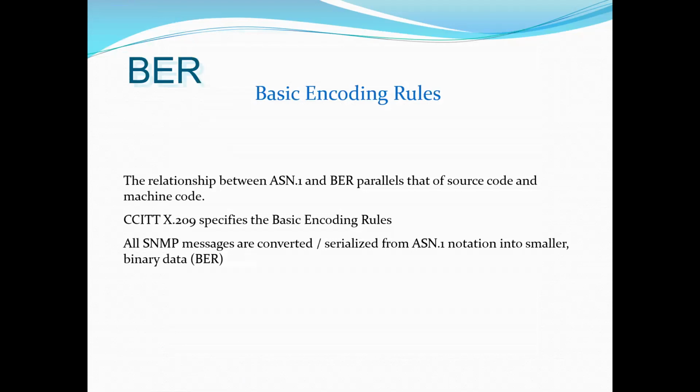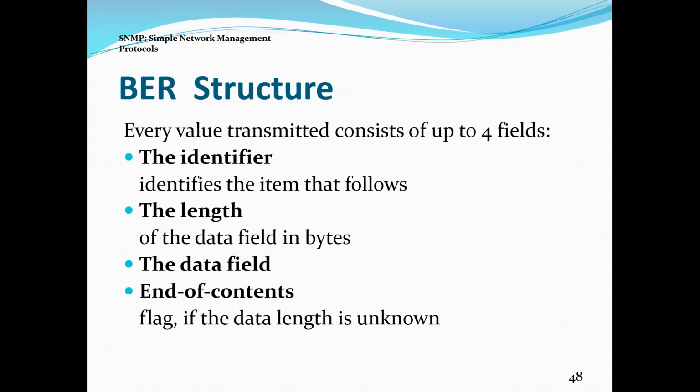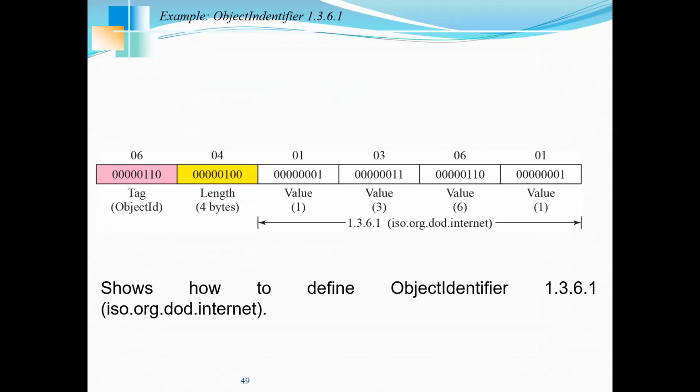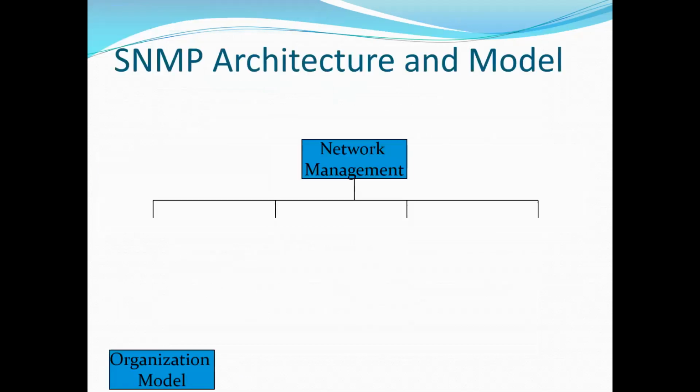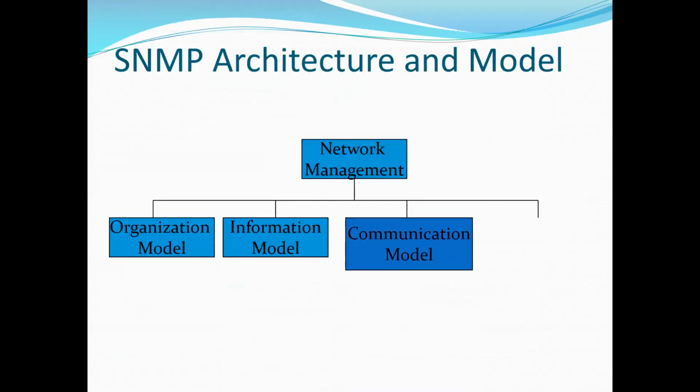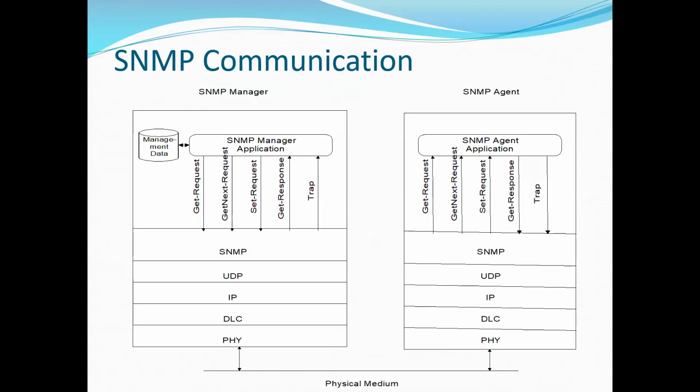We can skip this part. The BER structure just shows you how to take things and convert them into binary; we don't need to worry about that. Okay. And so that was the communication model, and we've pretty much at this point looked at everything.